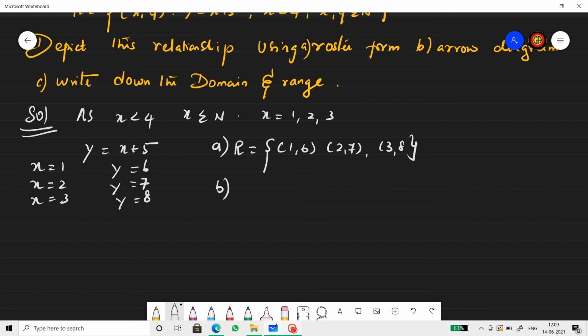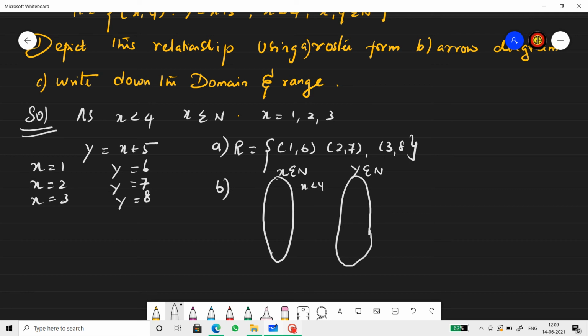For the arrow diagram, we first have to draw two oval circles. Two ovals. First represents x, second represents y. The first circle always represents x, the second oval always represents y. x belongs to N here, y also belongs to N. But mind you, x has one more condition saying x is less than 4.